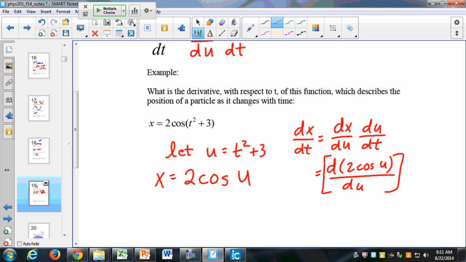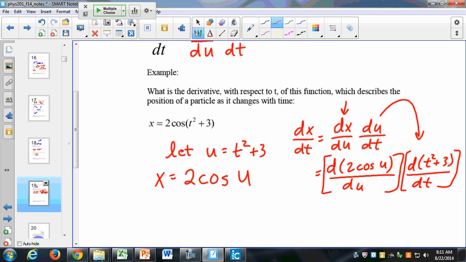So that's this dx du that I've written there, and then du dt is the derivative of t squared plus 3 with respect to t. And so this is my du dt, because I let u equal t squared plus 3. And then I have two derivatives that I take, and when I take the product of them, they're going to equal dx dt. Again, not something that you're going to be tested on right away.